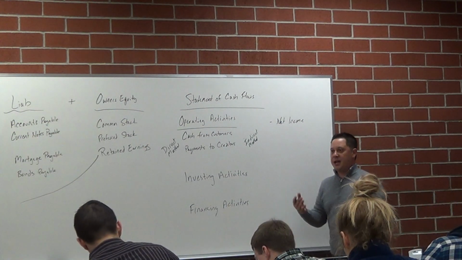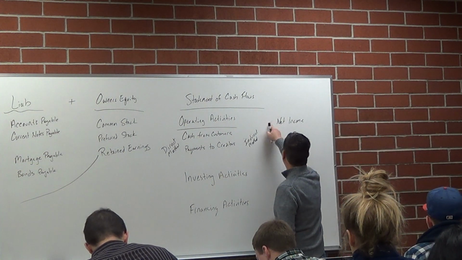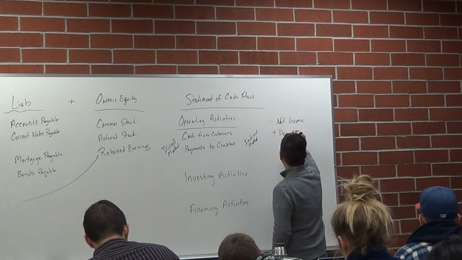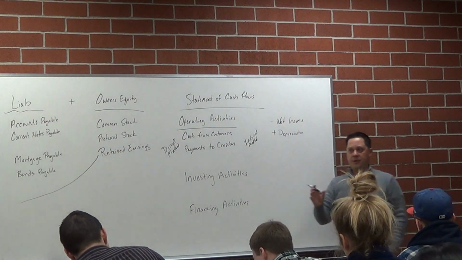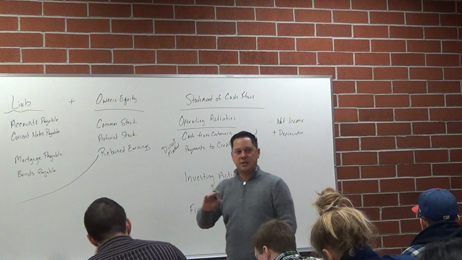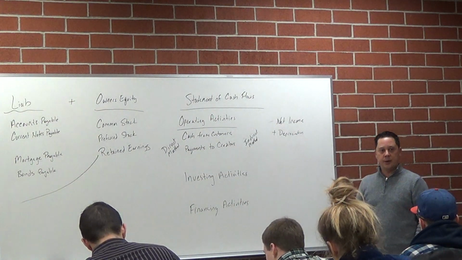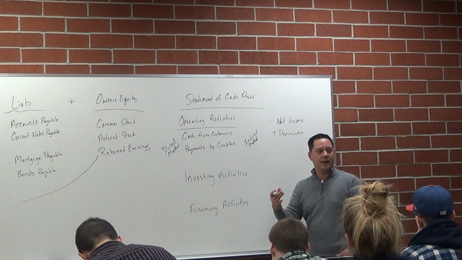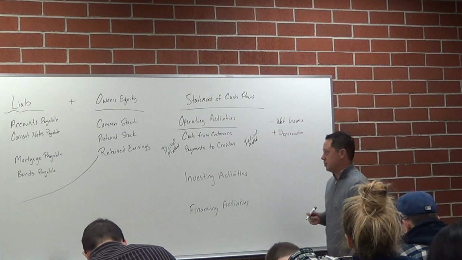And now we're going to take changes to those things. So we're going to add back any depreciation. I'm not going to go over the amortization and those types of things because it's not going to be on that. Typically depreciation is going to be on the ETS. So that's the only one that you need to really worry about. So you're going to add back the depreciation. Why? Because it was a non-cash item. It did not involve a cash transaction. So we're going to try to figure out and calculate those things.